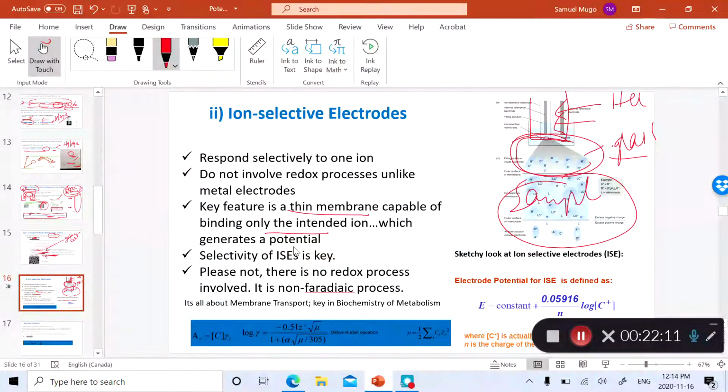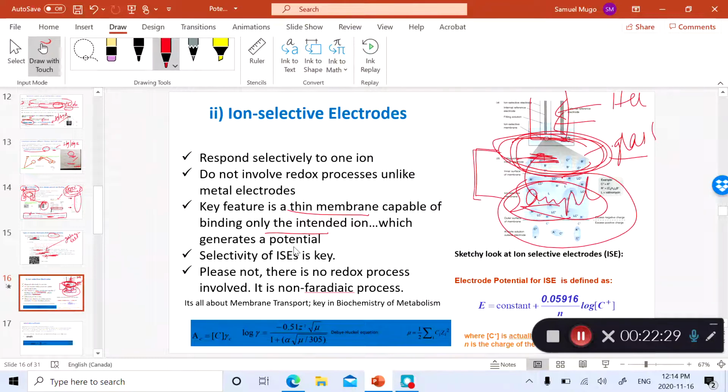Because glass is selective to hydronium ion, the hydronium ions get captured on the glass membrane. Because of that, there will be a charge barrier, because there will be ions trapped here and there will be ions in solution.